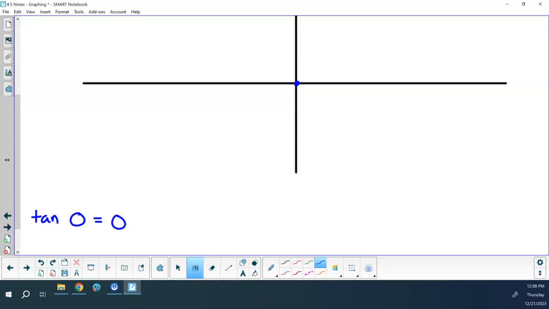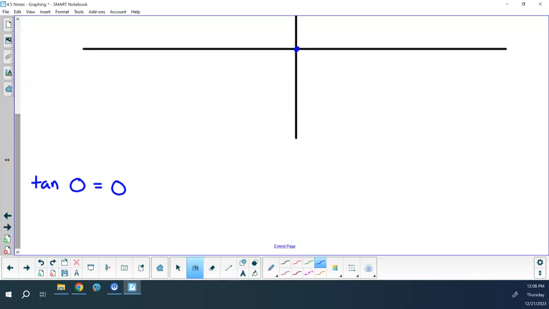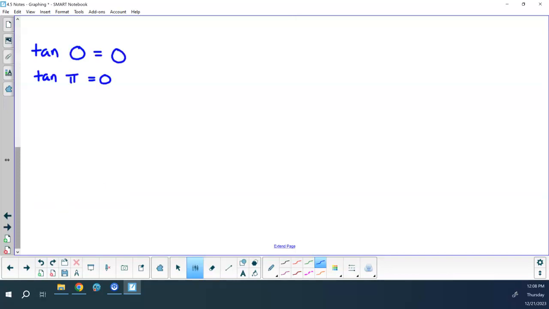What other values from negative 2 pi to positive 2 pi would also have a 0 value? Pi. I would agree that the tangent of pi is also 0. Other ones? Pi over 2 does not have a tangent value of 0.